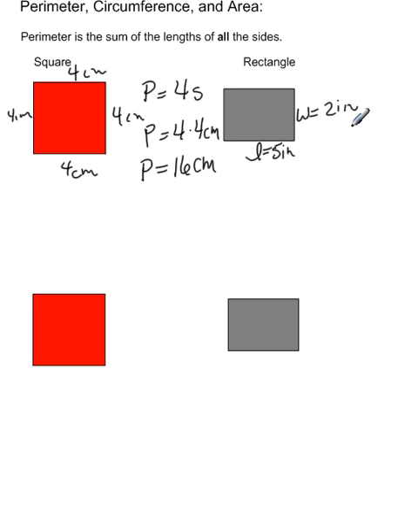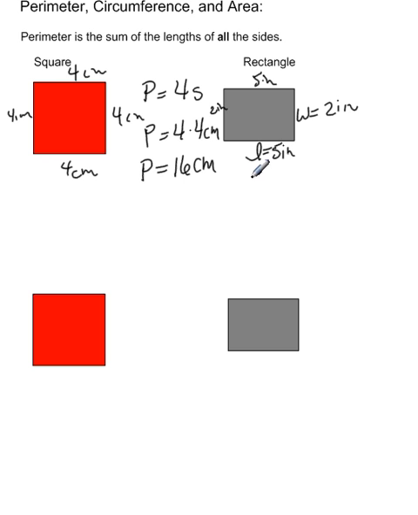It's the same idea. If this is the length of 5 inches, then this is also the length of 5 inches. And of course, this is the width of 2 inches, and this would be 2 inches. To find the perimeter, we would add all the sides together.